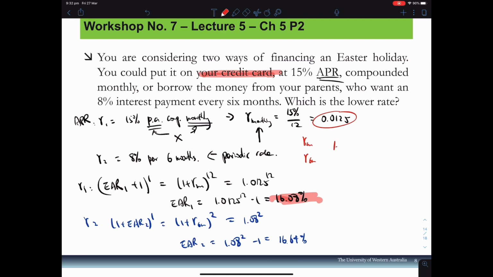So that means 1 plus R 6 months to the power 1 equals 1 plus R 1 month to the power 6. That becomes 1.0125 to the power 6. So for interest rate R1, the 6 months rate equals 1.0125 to the power 6 minus 1. And that equals, because I just came up with that one, let's have a look at what Excel tells me.